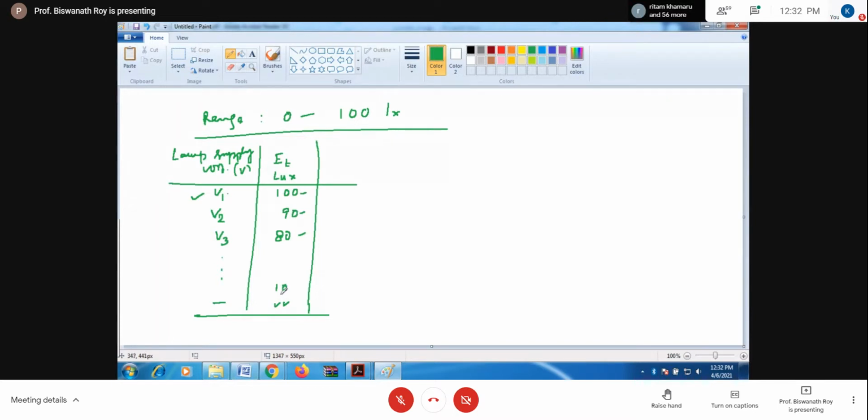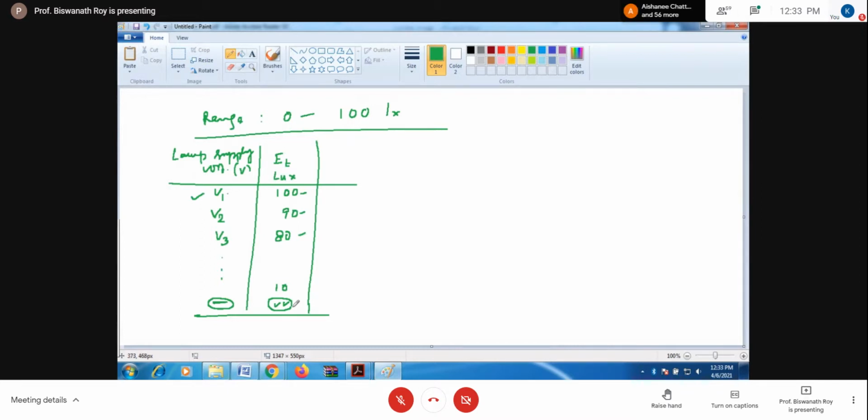And then at the end, I cover the lux meter sensor with a black cover to block all the light incident on the sensor. Under this condition there is no corresponding voltage value, so I can make it a hyphen, and we note the value here. It may be 0 or it may not be 0. It may be 0.1 or 0.2. It may be something different, right? So I'm not going to write the value here.